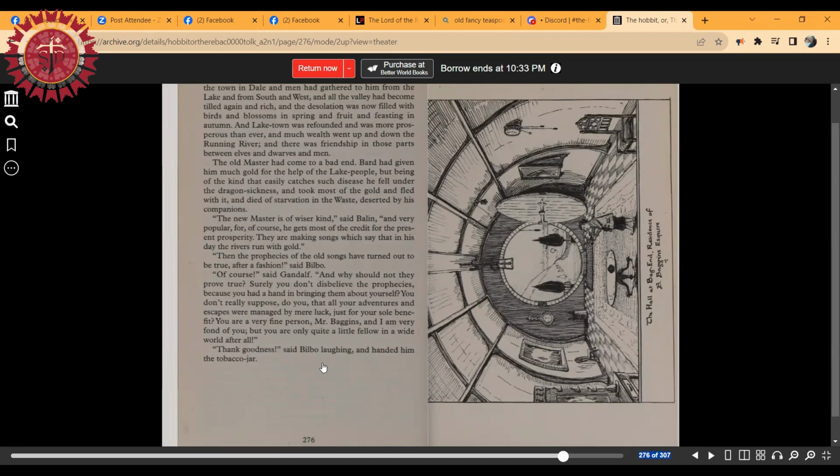You don't really suppose, do you, that all your adventures and escapes were managed by mere luck, just for your sole benefit? You're a very fine person, Mr. Baggins, and I am very fond of you. But you are only quite a little fellow in the wide world after all." "Thank goodness," said Bilbo, laughing, and handed him the tobacco jar.